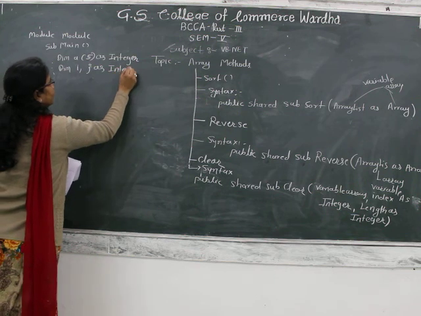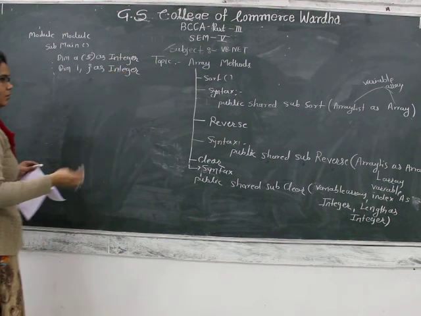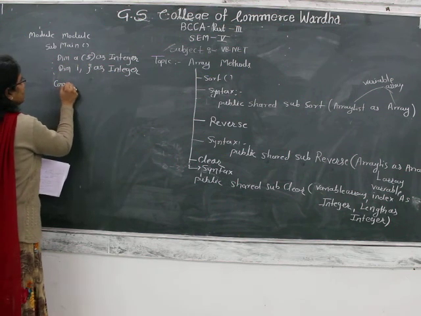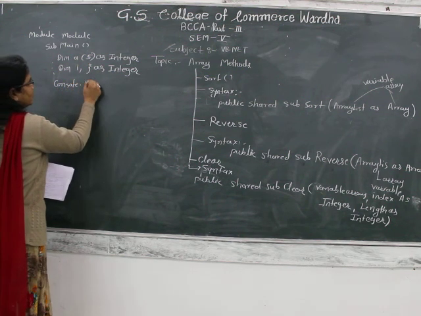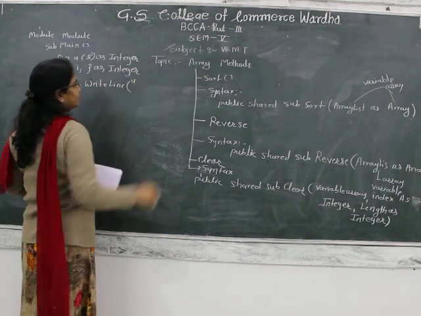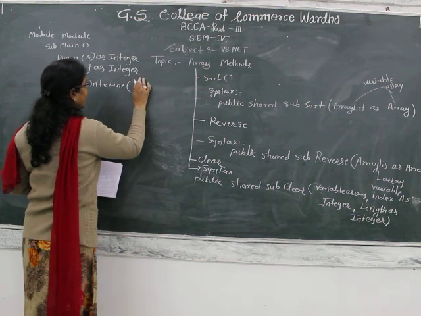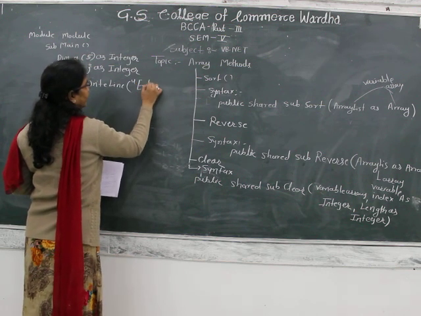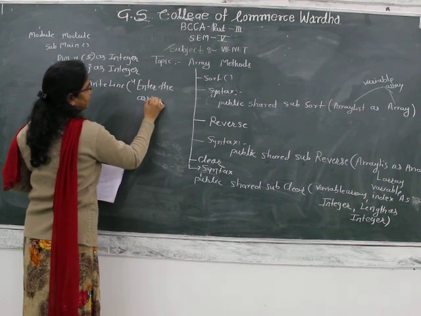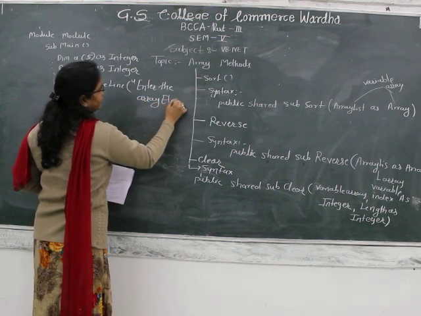Again I am declaring two variables here for looping purposes. Then next is Console.WriteLine, just a printing statement like "Enter the array element".